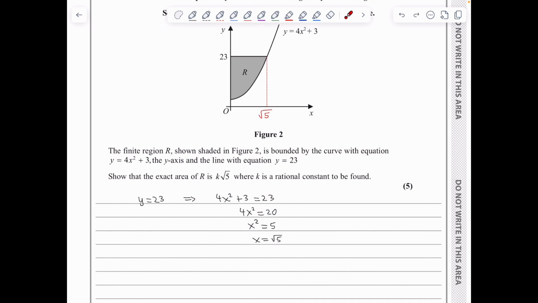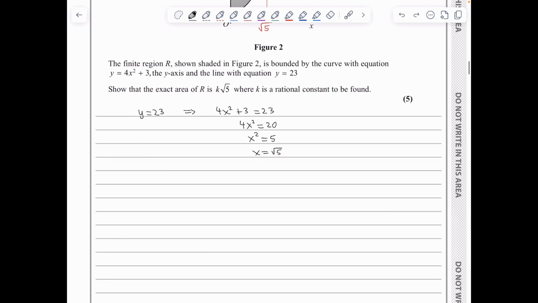There it is. We are trying to determine the shaded area R, and I can see this as a rectangle minus the area under the curve between x is 0 and x is root 5, and this will be found by using integration. So the shaded region R is the area of the rectangle, which is the height of 23 times the base of root 5, minus the integral from 0 up to root 5 of 4x squared plus 3 dx.